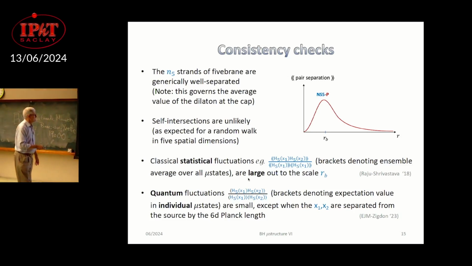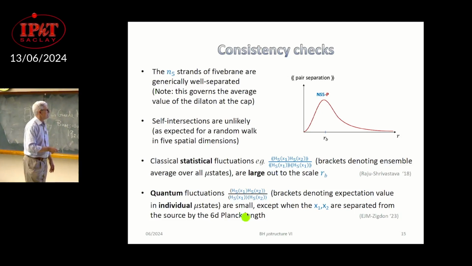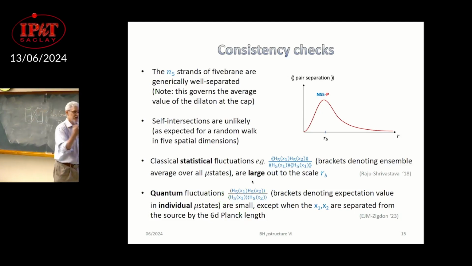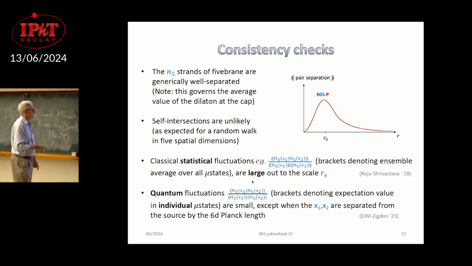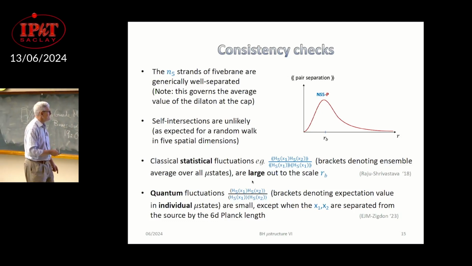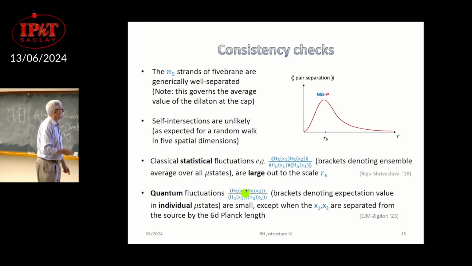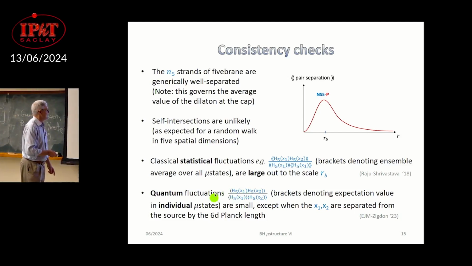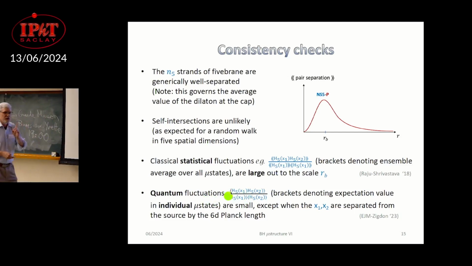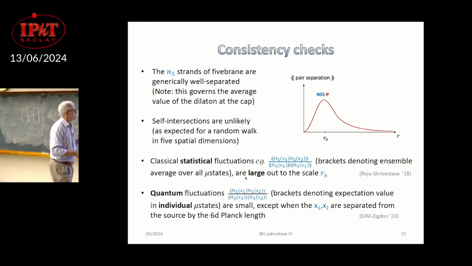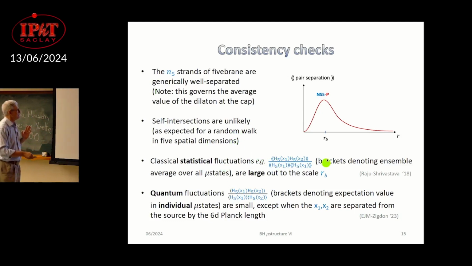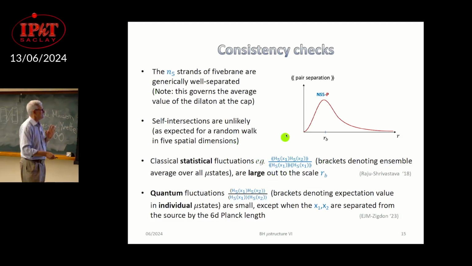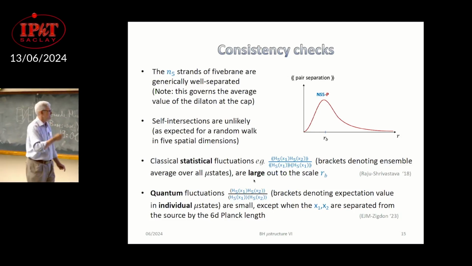And so just to convince ourselves, what we did was we took this round solution that I mentioned earlier, and we studied it. We looked at that and asked the same question in a single element. So to diagnose whether this is statistical fluctuations or quantum fluctuations, one thing you can do is pick a particular element of the ensemble and ask the same question. And so we did that for this particular round solution that everybody likes to study.